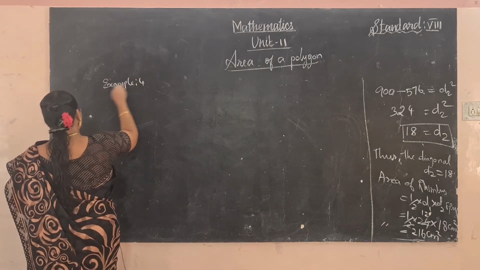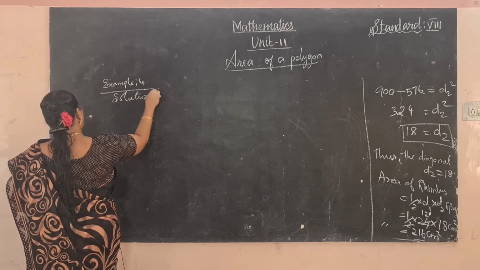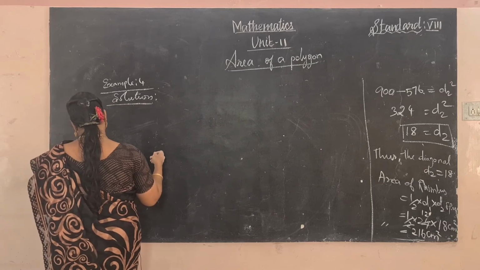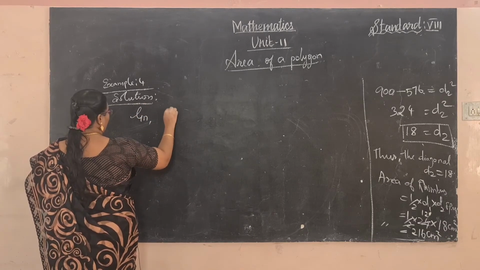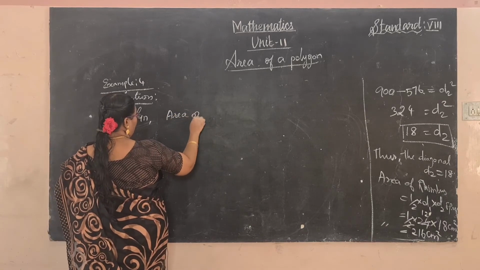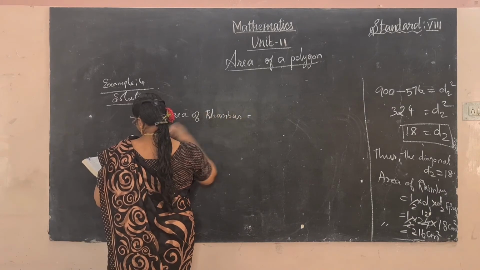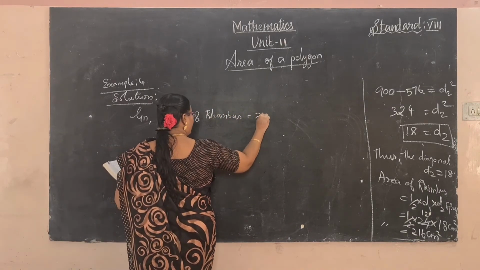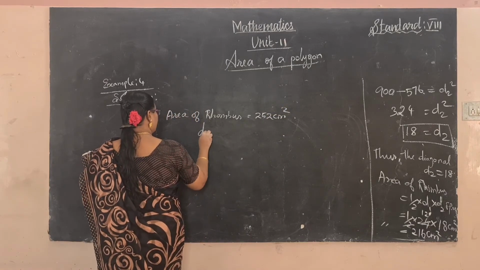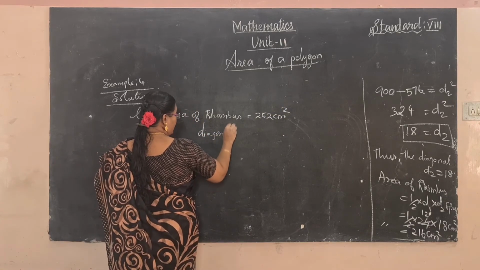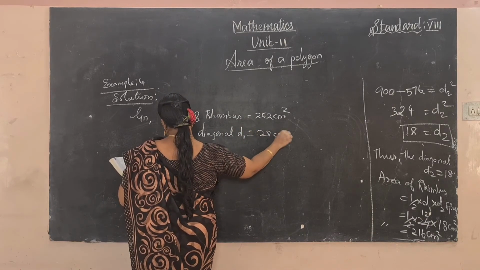Example 4. Given area of rhombus is equal to 252 centimeters square and diagonal d1 is equal to 28 centimeter.